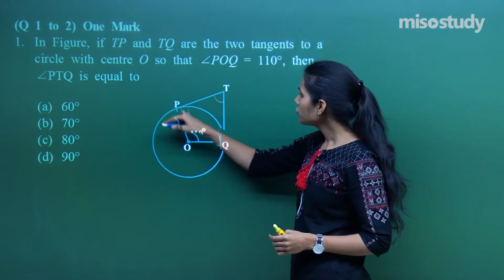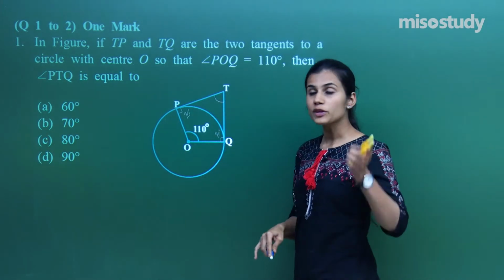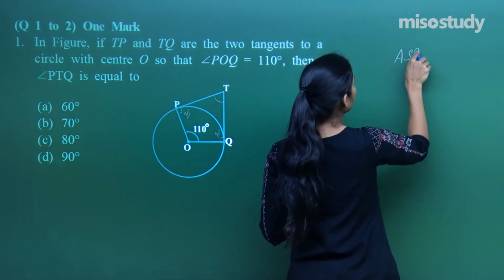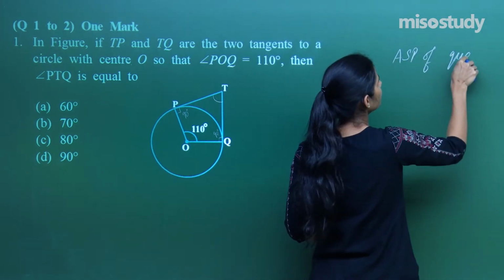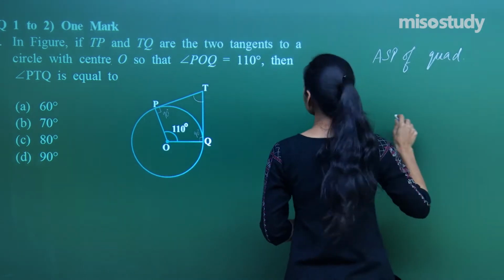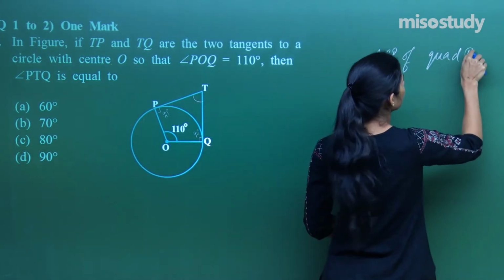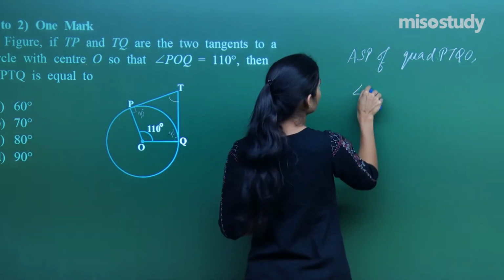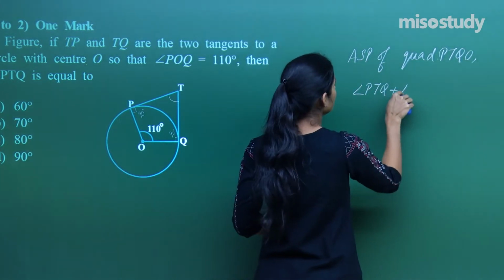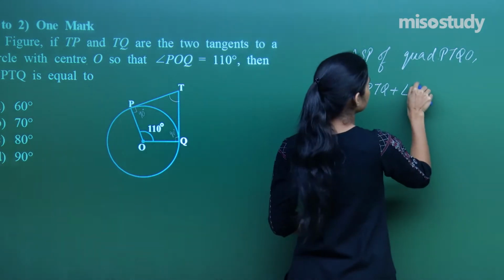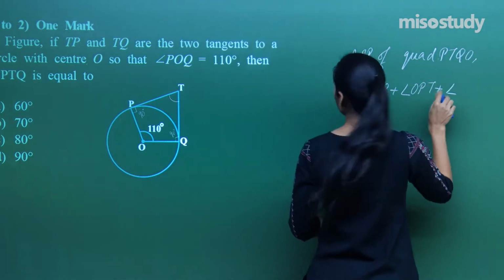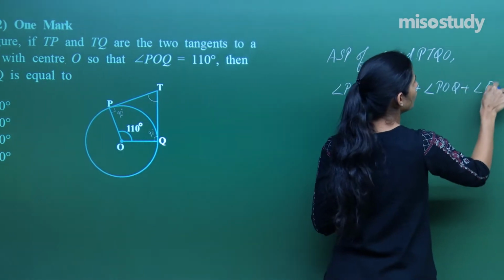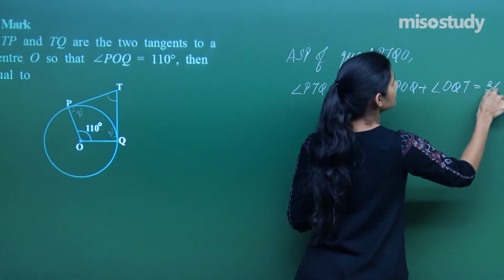The moment I have 3 angles out of the 4 angles of the quadrilateral PTQO, I know by the angle sum property of a quadrilateral PTQO, I will have angle PTQ plus angle OPT plus angle POQ plus angle OQT is 360.